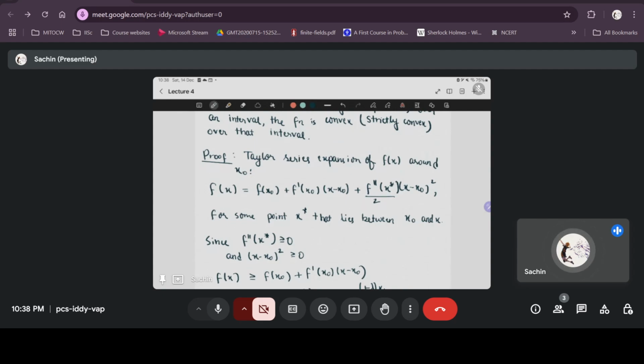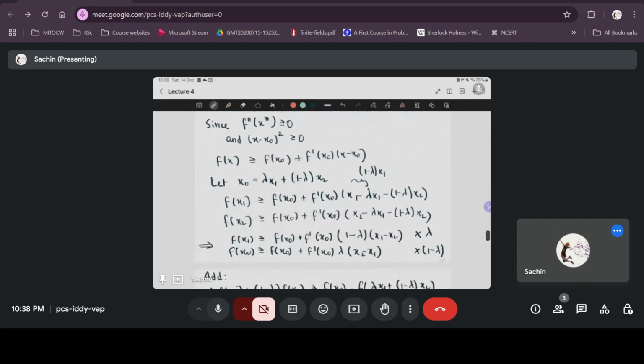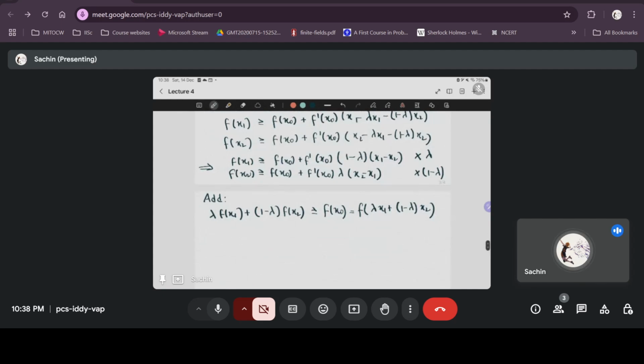So the function value is greater than or equal to the sum of the first two terms in the Taylor expansion, and that we can manipulate to get lambda f of x1 plus 1 minus lambda f of x2 is greater than or equal to f of lambda x1 plus 1 minus lambda x2, which means that it is a convex function. So that proves the theorem that if the function has a non-negative second derivative, then the function is convex.